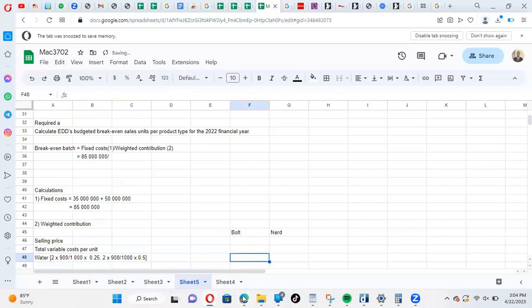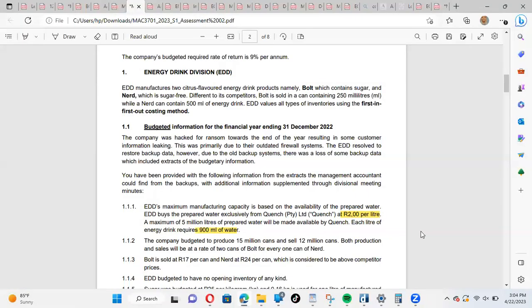My approach on this, because I know it's really confusing, is to first find the cost per liter in terms of what we are going to put into our calculation. Water itself costs 2 rands per liter, but we don't need a full liter to make up a liter of energy drink.